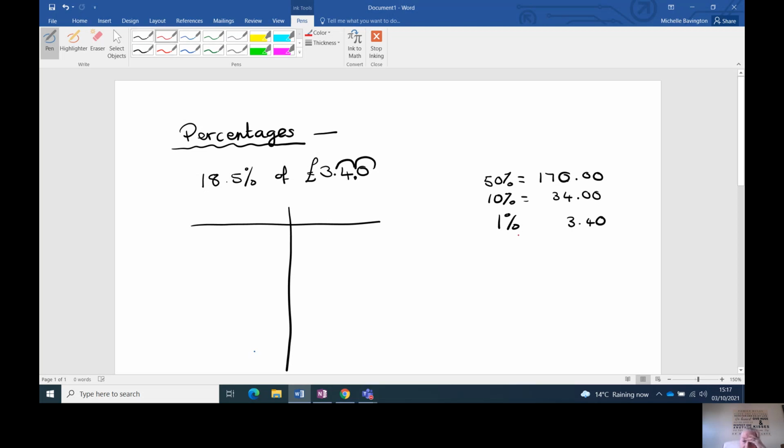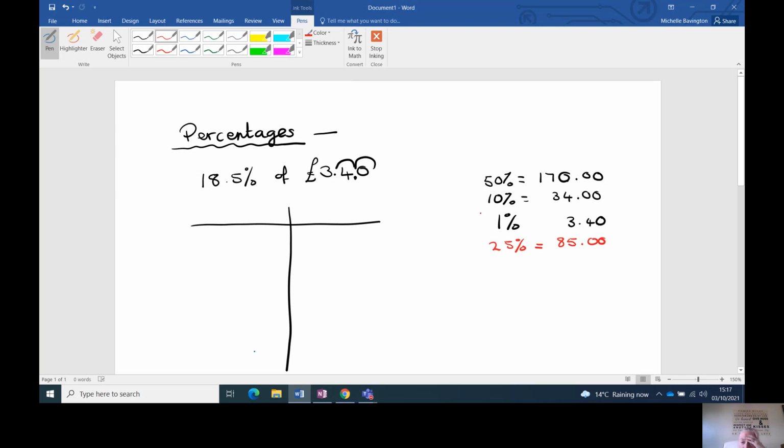Now let's do our secondary. So I can find 25%, which is half of 170, £85.